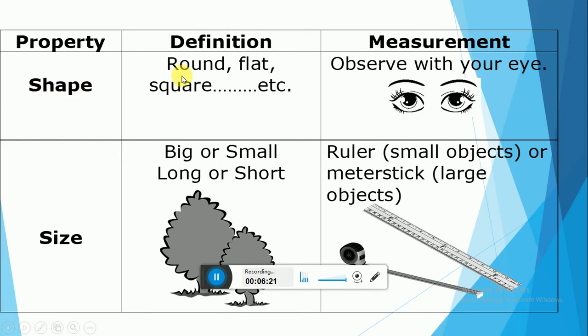Shape, maybe something is round, flat, square. I observe it also with my eyes. Size, if it's a big tree or a small tree, if it's long or short. I use a ruler to measure small objects or a meter stick to measure large objects.